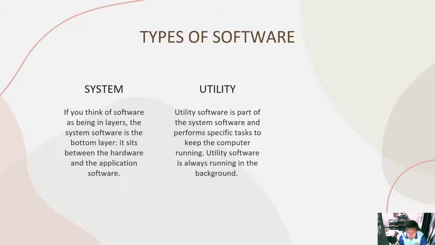Utility software is the same thing, but not entirely an operating system. It might be diagnostic tools that keep running on your computer, like antivirus or a download manager. Those utility software are also closely tied to the system software.